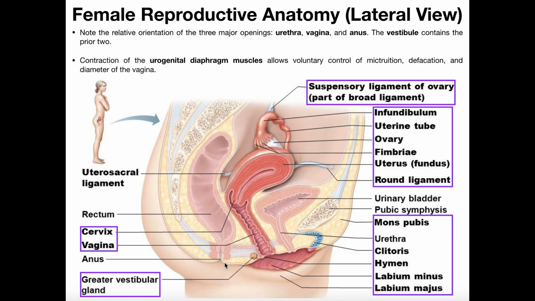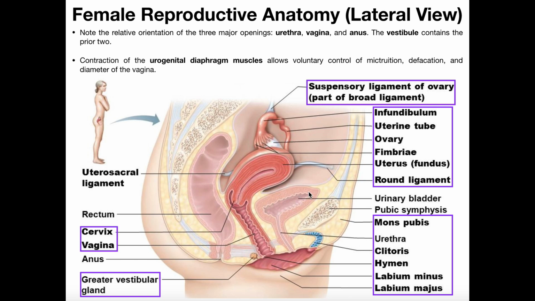If we work our way anteriorly, we're going to run into the next opening, which is the vaginal orifice. Remember that orifice is just another term for an opening. So this would be the opening to the vagina. And then anterior to that would be the urethral orifice. Now, urethra, that ought to conjure up thoughts about the urinary system, and in fact, that's what it's a part of. So this structure right here that's kind of faded out a little bit because it's not what we're looking at, this is the urinary bladder where the urine is stored.